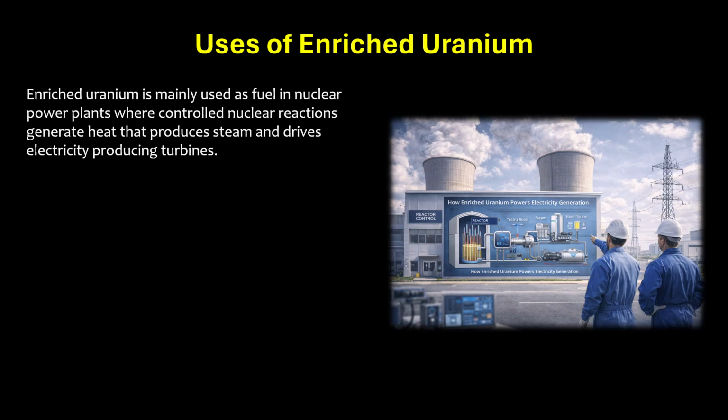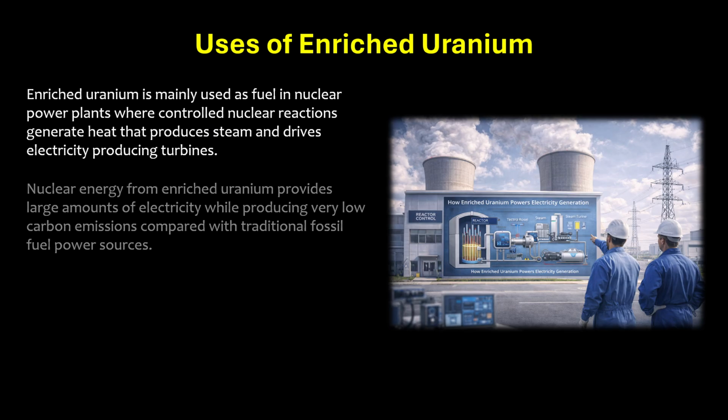Uses of enriched uranium. Enriched uranium is mainly used as fuel in nuclear power plants, where controlled nuclear reactions generate heat that produces steam and drives electricity-producing turbines. Nuclear energy from enriched uranium provides large amounts of electricity while producing very low carbon emissions compared with traditional fossil fuel power sources.